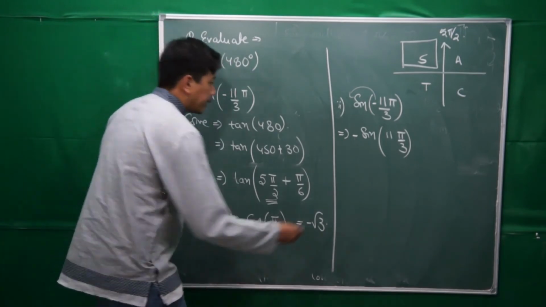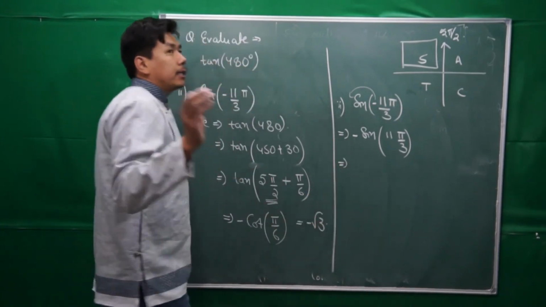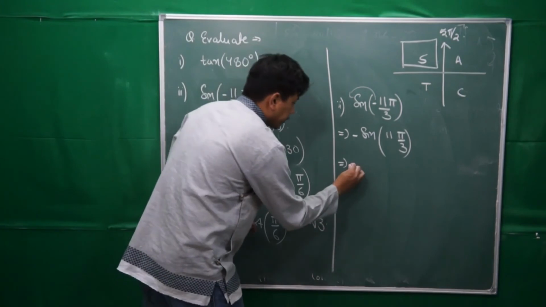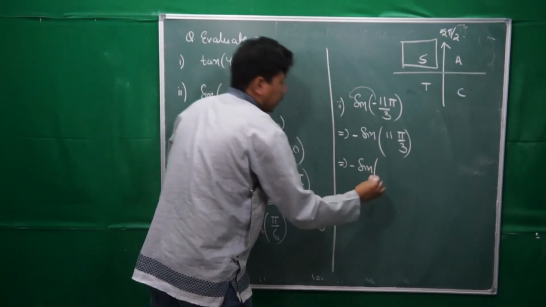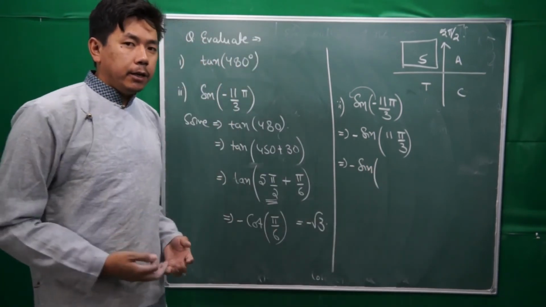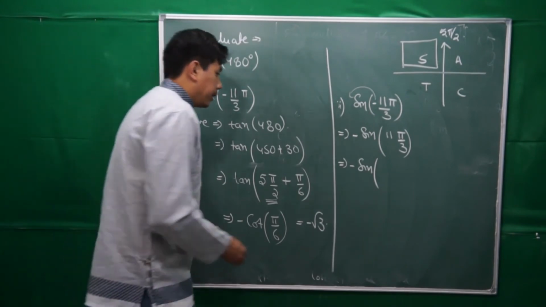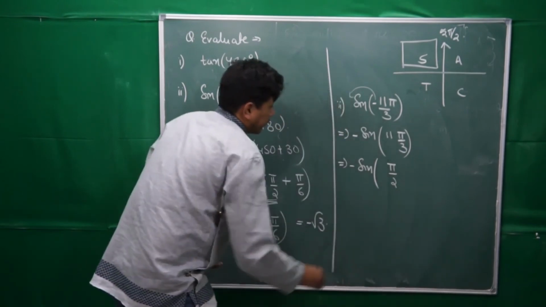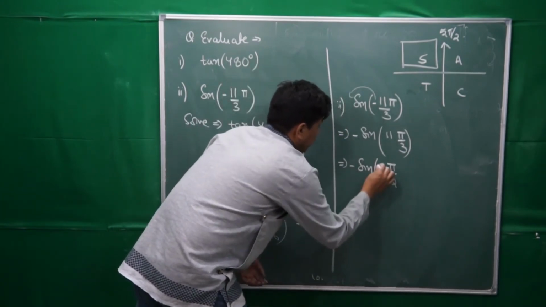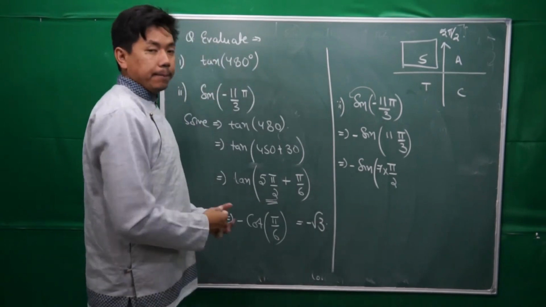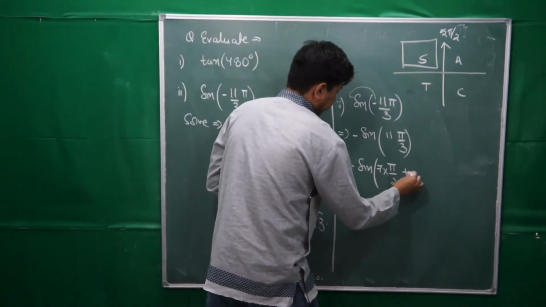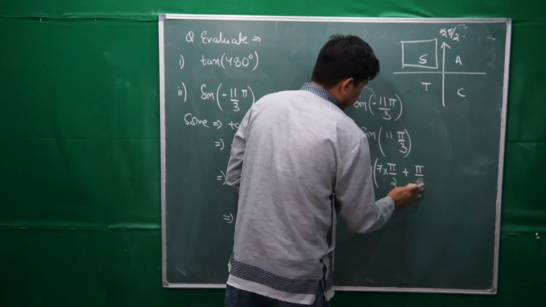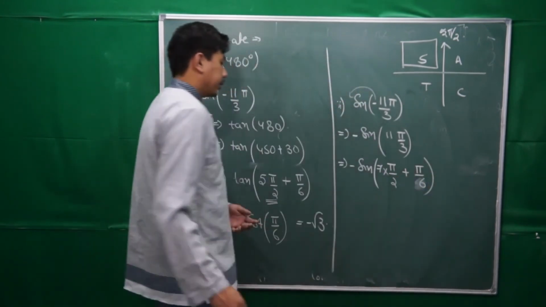You can separate 660 as 630 plus 30. So why 630? It is again a multiple of 90 degrees, therefore 630. So 630 equals 9 sevens are 63, plus 30, which is pi by 6.